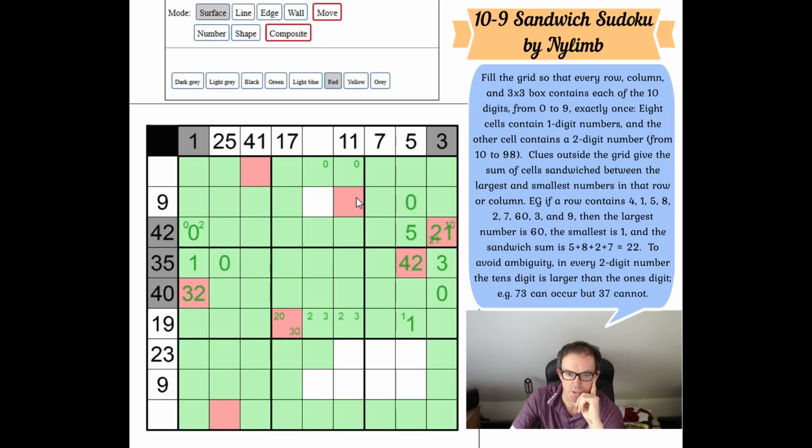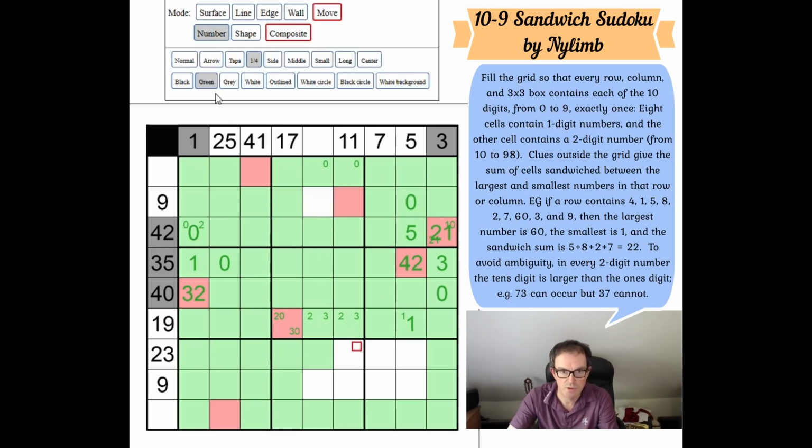Where can the 0 go? Well, because we know there's a 0 in here, the 0 could go here. That would be the earliest we could put the 0. And that can't work, because if this is a 0, how do we do this 23 clue now?